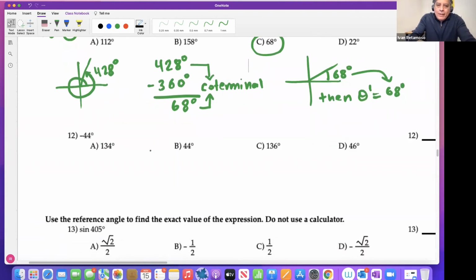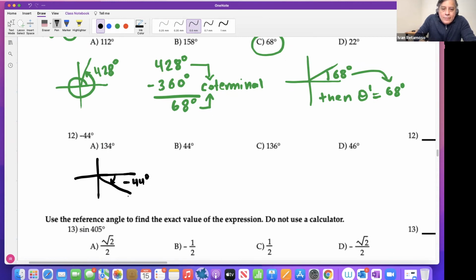Now, there is a negative angle. What to do? Yeah, this is a special case too. Let me explain. If they give you a negative angle in the homework, I think I've seen one. How you get the reference angle of this negative angle? Remember, negative angles are formed by rotation clockwise, right? This way. So for these angles, advice, guys, follow the definition. The definition of a reference angle is the acute angle formed by the x-axis, this always, and the terminal side.